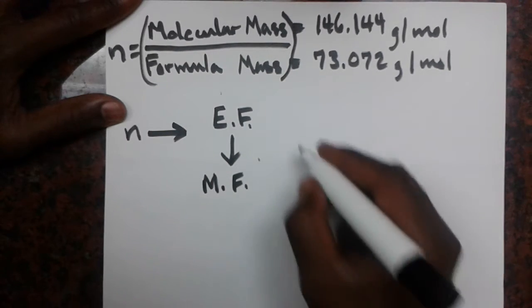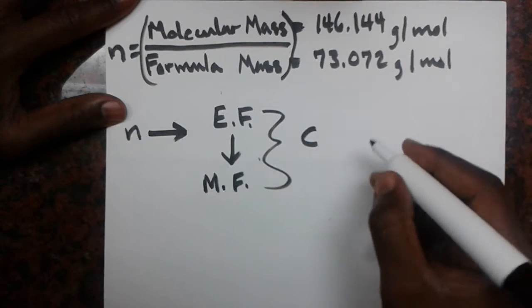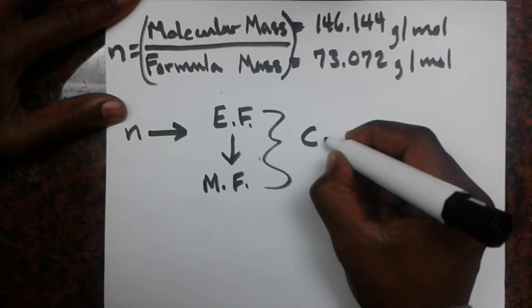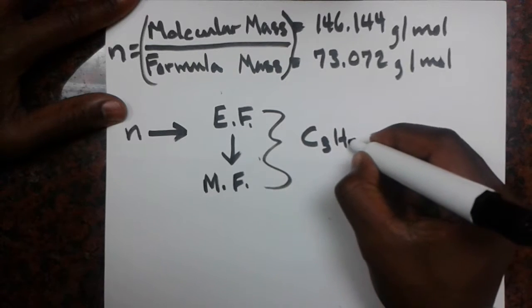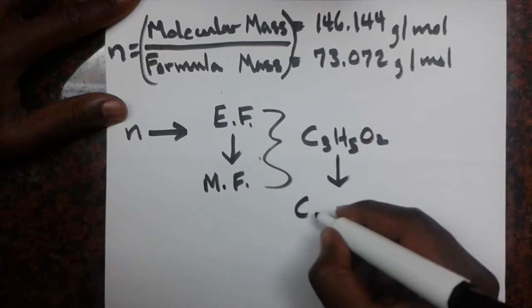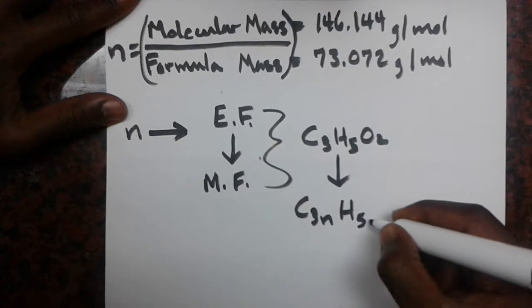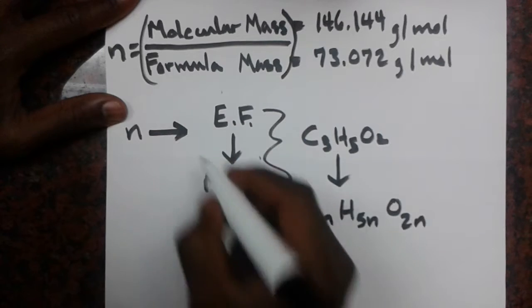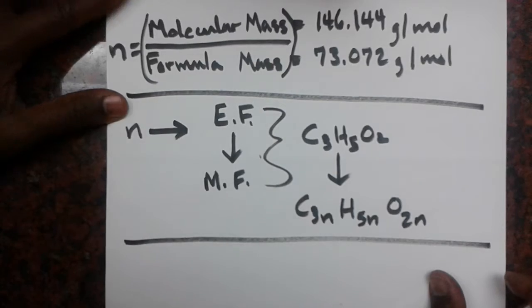So we need to solve for N. This process would take our empirical formula, which is C3H5O2, and convert it to C3N H5N O2N.